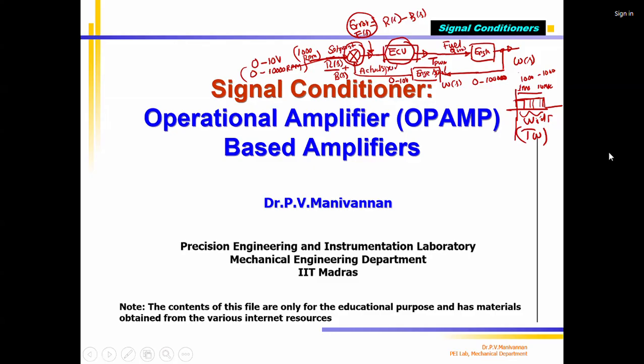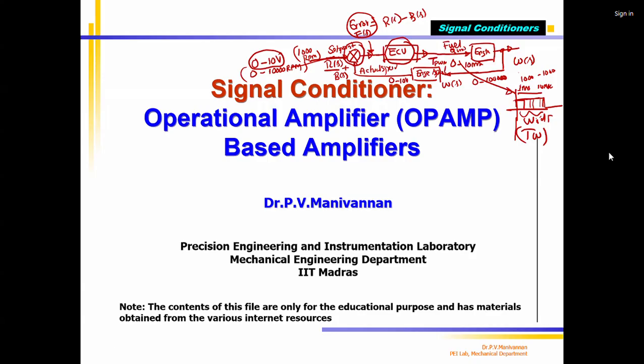The set point varies from 0 to 10 volts and is compared with the actual engine speed. Then the error is given as input to the ECU. The ECU generates a 0 to 10 millisecond pulse width. This pulse is the pulse width modulation. So this is what we call a closed loop control system.